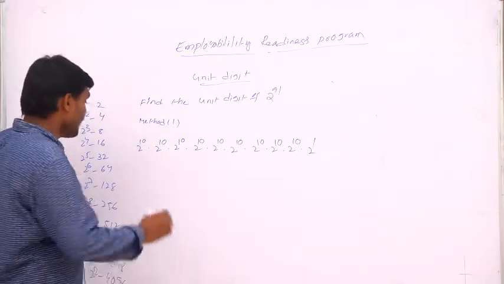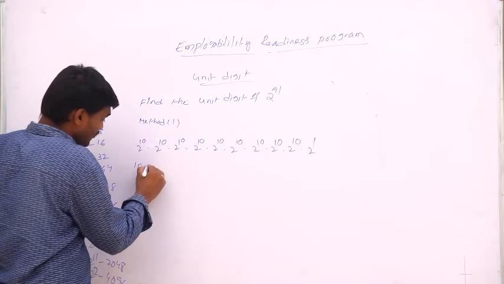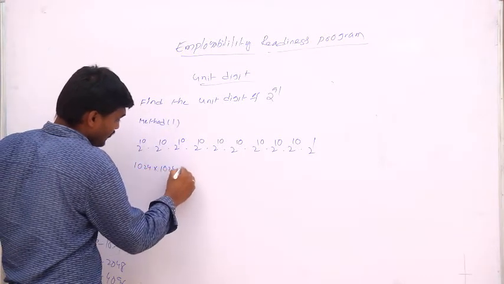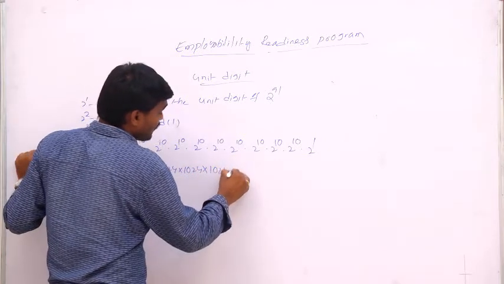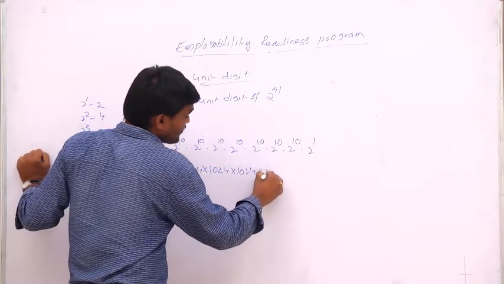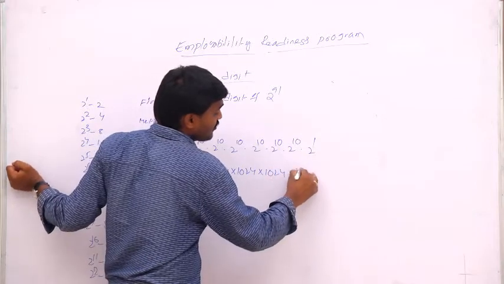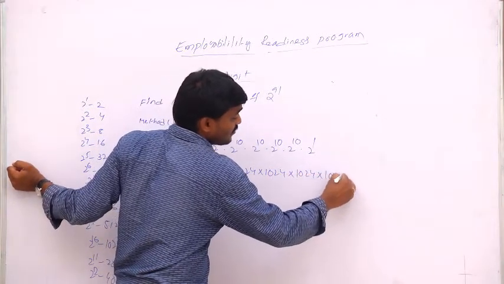So here you can take 2 power 10 equal to 1024, so 1024 into 1024 into 1024, and so on.